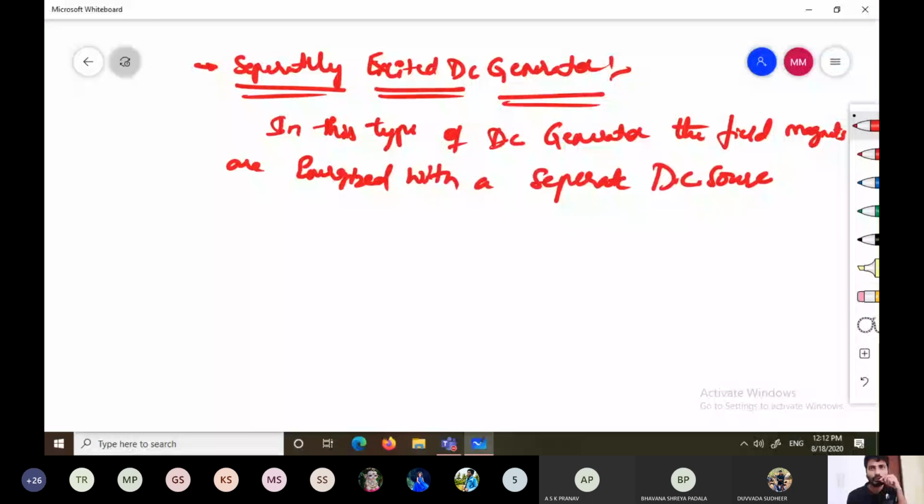Okay, so this is the basic definition of the separately excited DC generator. So now we will see the schematic diagram of this generator.